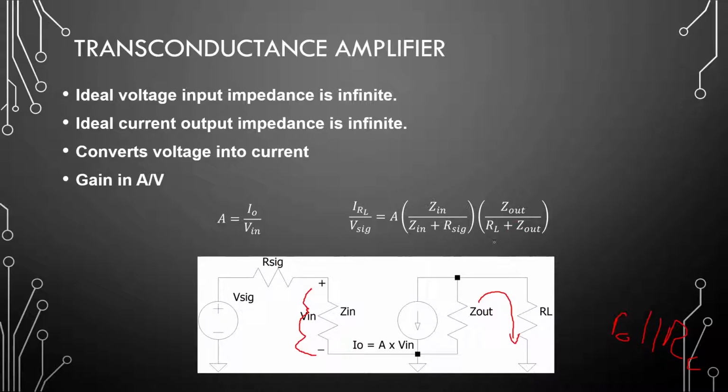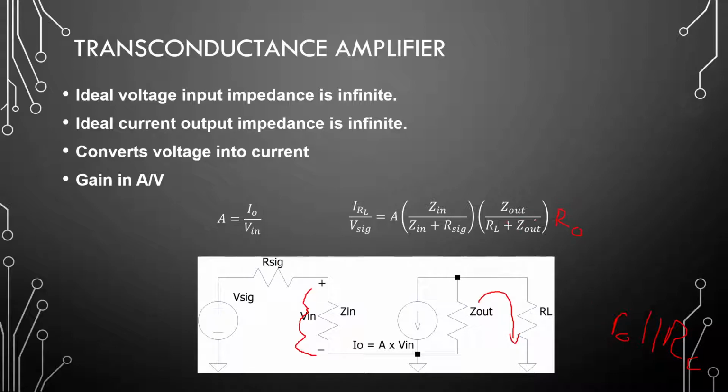This can easily be converted to our voltage amplifier if we just multiply this with our output impedance. Oh, actually Z out, but if we multiply this with Z out, we get our output voltage.